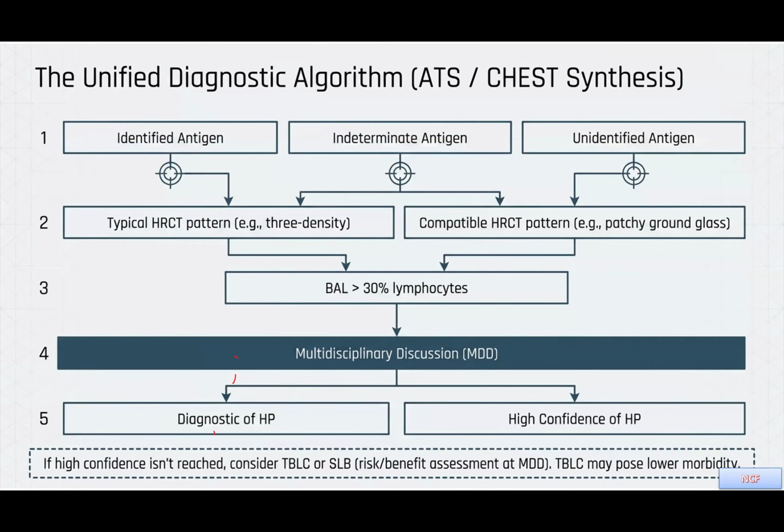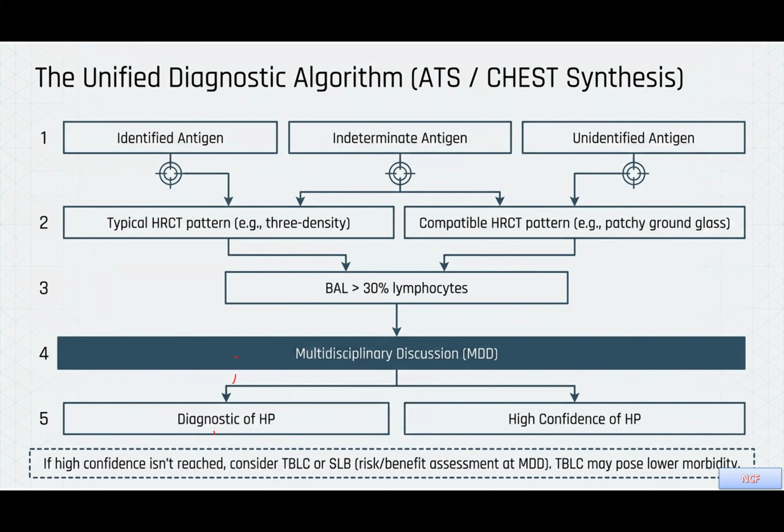Now the unified diagnostic algorithm, which ATS and CHEST both endorse. First we have to identify the antigen. You may have identified the antigen, or it is indeterminate or unidentified. Then you do an HRCT, which can show either a typical HRCT pattern, that is the three-density sign, or a compatible HRCT pattern. Then ATS says you do a bronchoscopy.